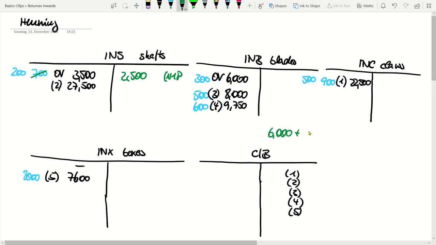Then I have to take 200 out of the first purchase. 200 multiplied with $16. Gives me 9,200.